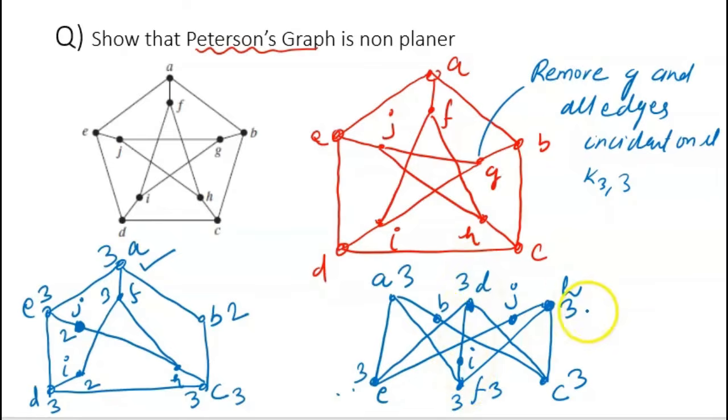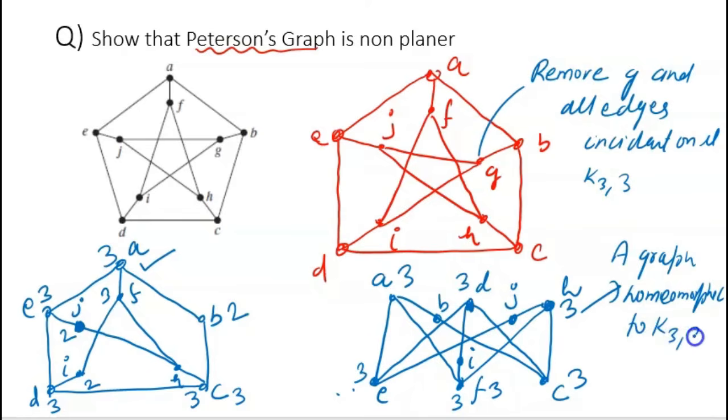So what is this? This is a graph homeomorphic to K33, and this graph is a subgraph of the Petersen graph.